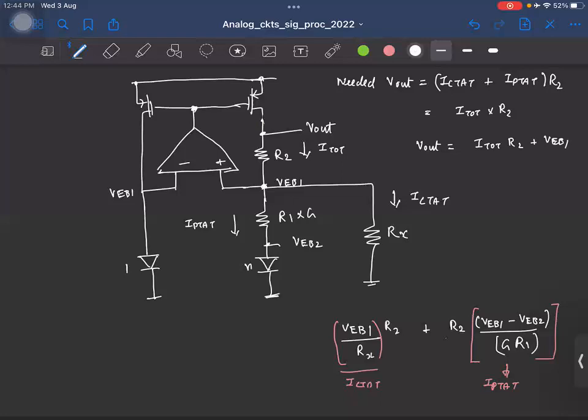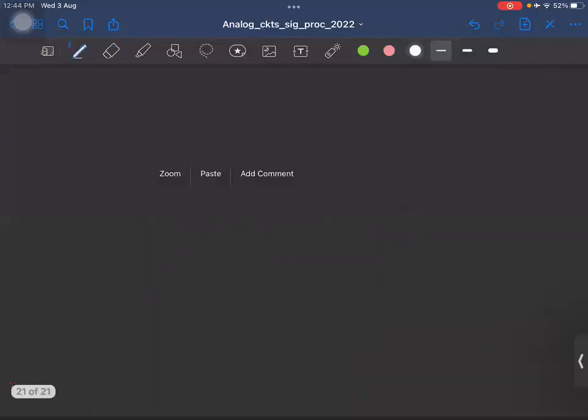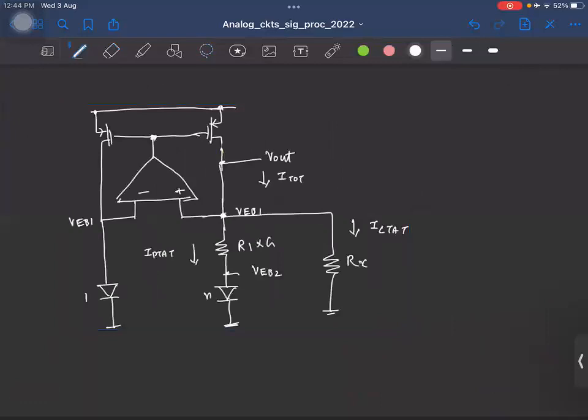So what we'll do is, I'll take this resistor out. Now this is the total current. So let me probably copy it. So I'll copy this current to some other branch.